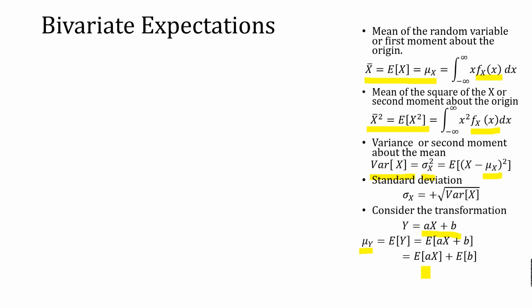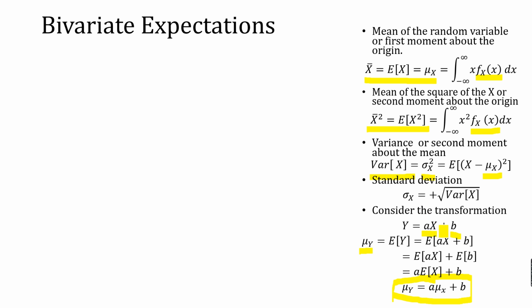Apply E inside the bracket: E of ax plus E of b. A is a constant, take it outside. B is a constant, expectation of b itself is b. So that mu of y is a times mu of x plus b.